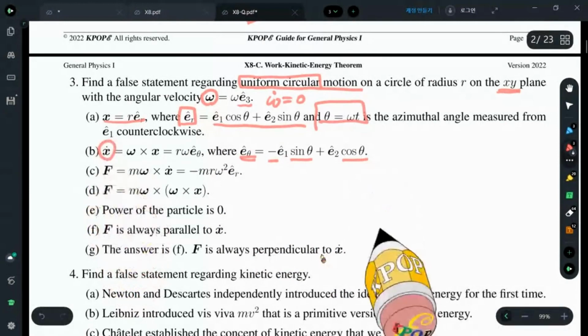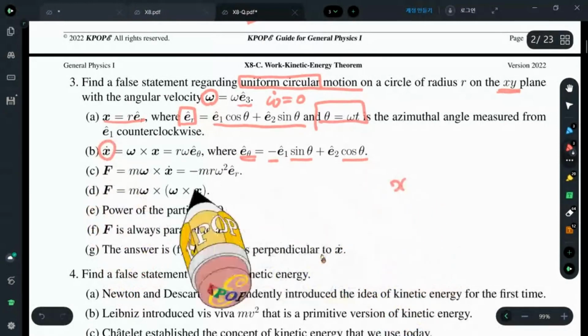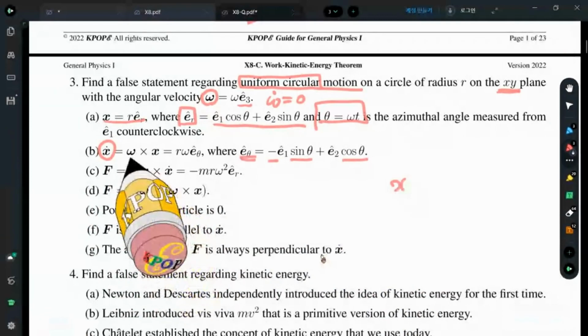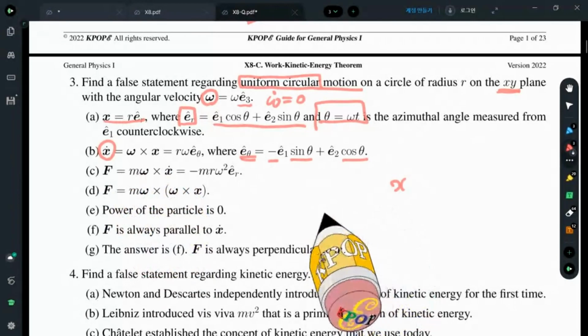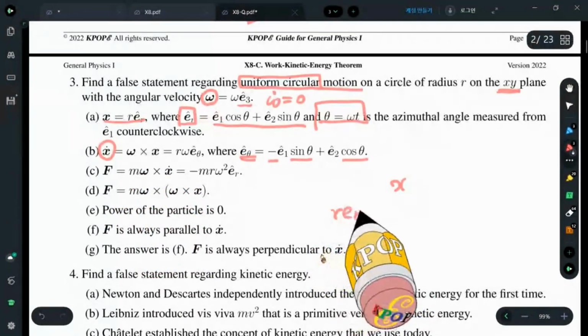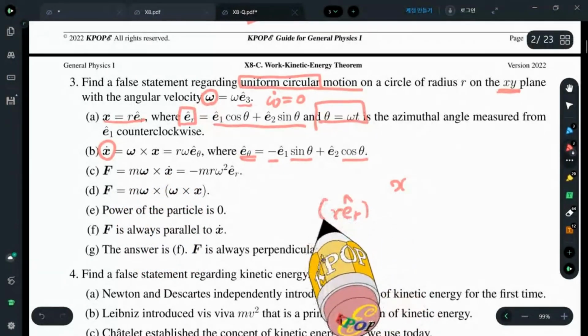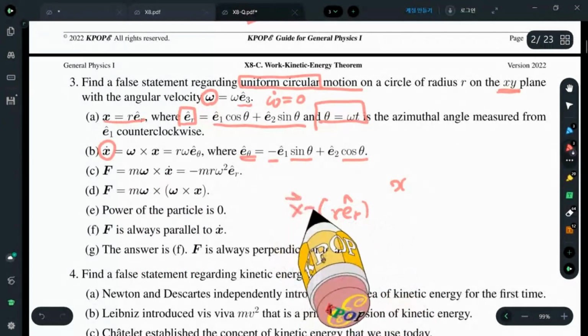X dot is the same as omega cross x. Let's see. R ER hat is x.